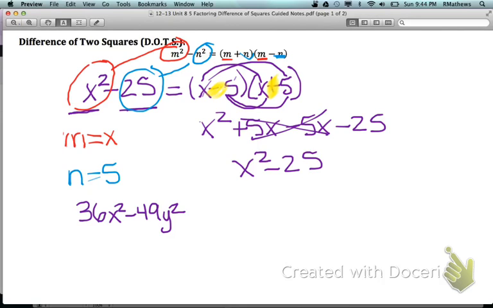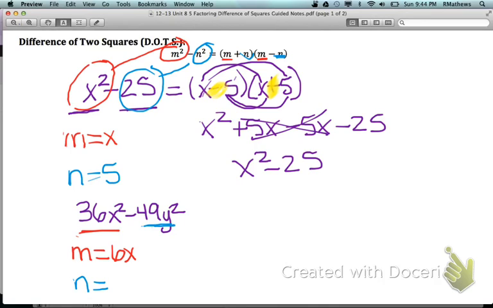Okay, well, my m squared is the 36x squared. So m is the square root of that. Well, the square root of 36 is 6, and the square root of x squared is x. So there's m. And then I need to figure out what n squared is. Well, n squared itself is 49y squared, so n is the square root of that.